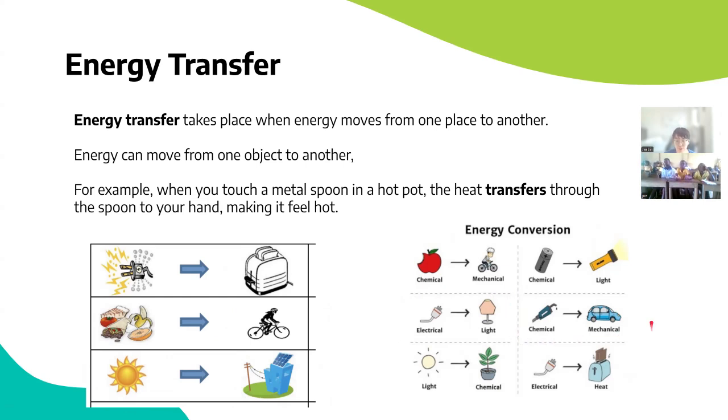And there are other things like chemical energy from the batteries powering a flashlight, or the oil that stores chemical energy, converting it to mechanical energy by the car, and many other transfers happening in the world.